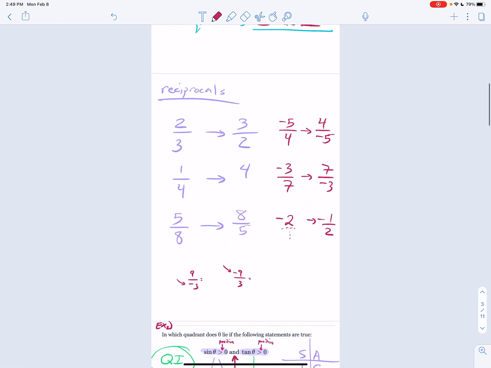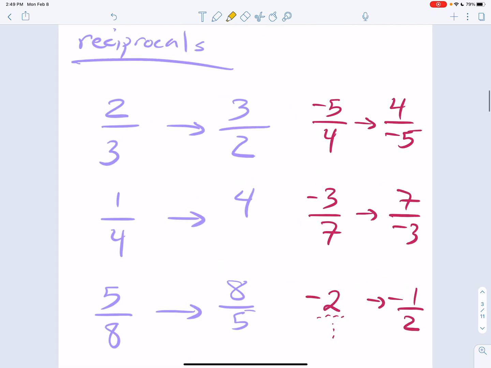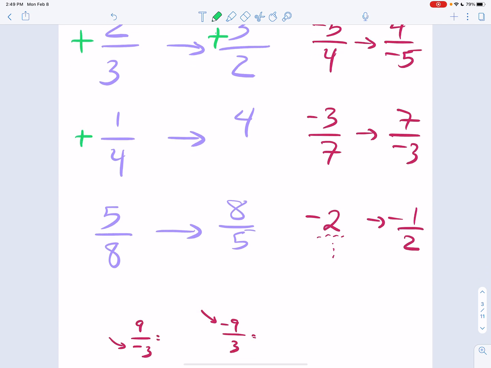So here's what I want you to notice. We had 6 problems here. 2/3 started off positive. And when we took the reciprocal, it ended up positive. 1/4 started off positive.